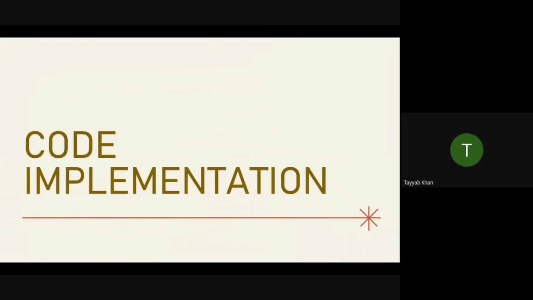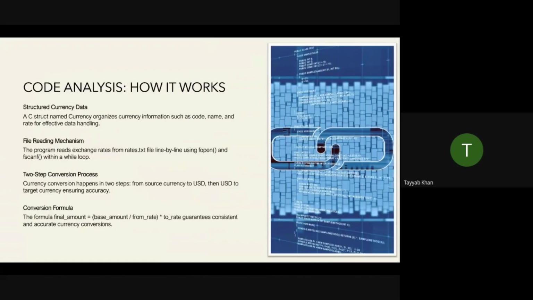This brings us to the code implementation. So how does it work? We use a C struct called currency to organize our data. It's a blueprint for the code, name, and rate. We use a file reading mechanism, specifically fopen and fscanf, to read the rate.txt file line by line when the program starts.